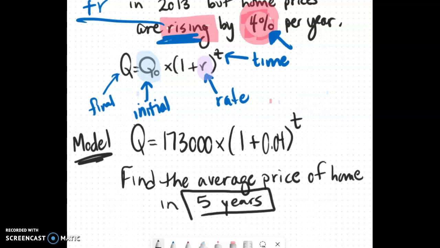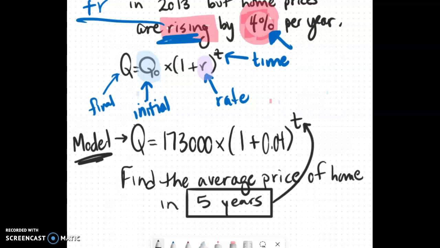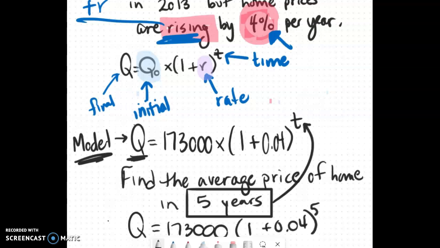That would mean I would put in the number 5 in place of T. So this is the model itself, and then I'm using the model here to find the price of the home. So I'm finding Q, but I plug in the value for T. And so I'm going to write everything the same. The only thing I'm going to change is I'm going to change the T to 5.